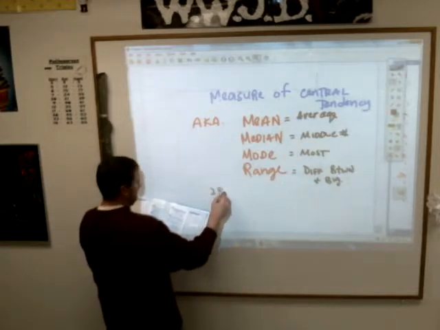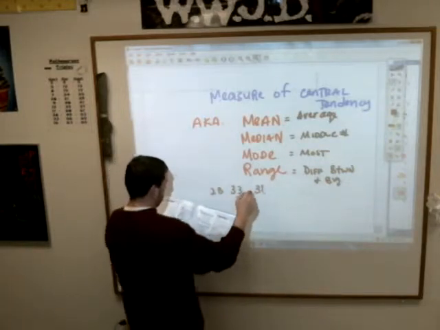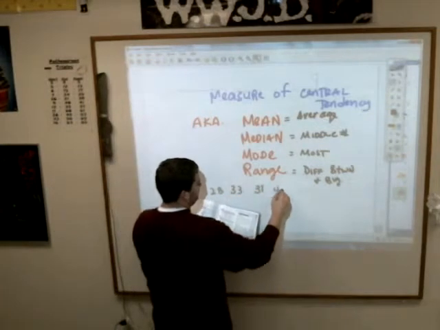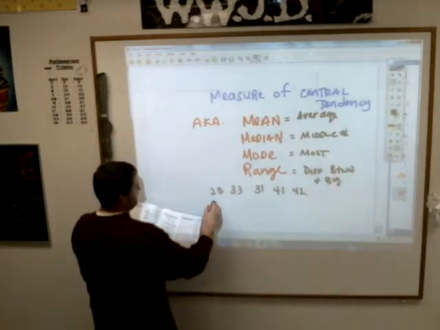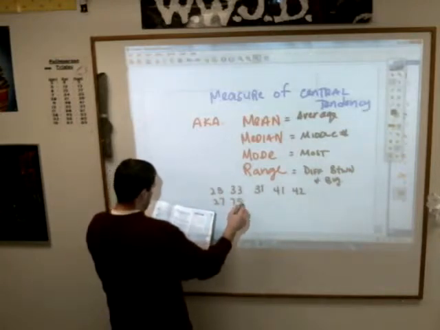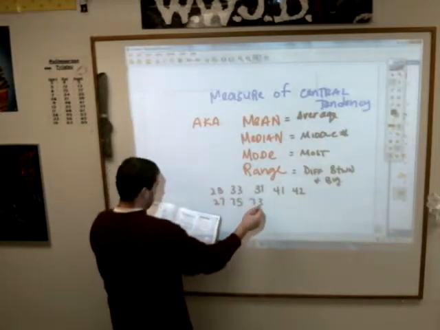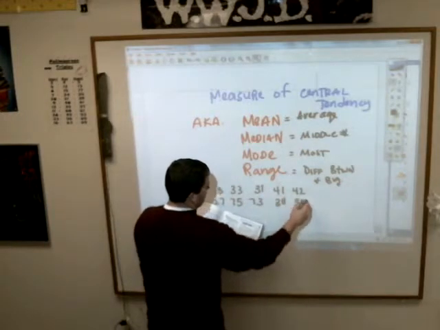She had a 28, a 33, a 31, a 41, a 42, a 27, a 75, a 73, a 38, and a 35.